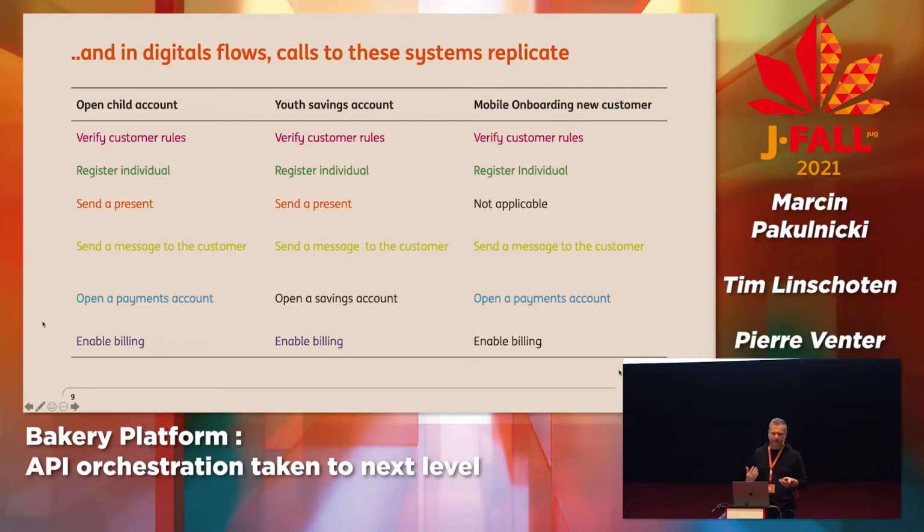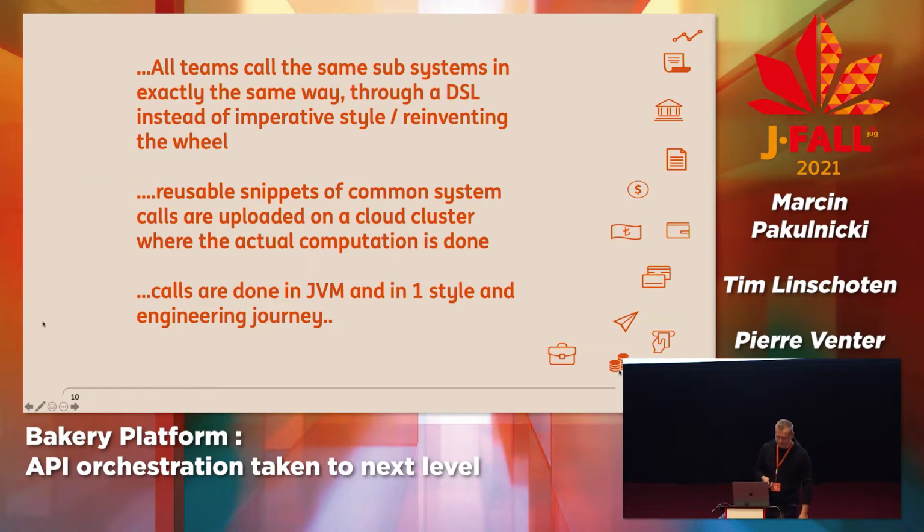But the problem is at ING that we have hundreds of teams that need to do the same, right? So you have customer eligibility: is a customer actually eligible to open an account? Is he or she 18? We have to register the individual, maybe send an email, send a present, send an SMS, whatever. Then the actual opening of the account and enabling billing for that particular account.